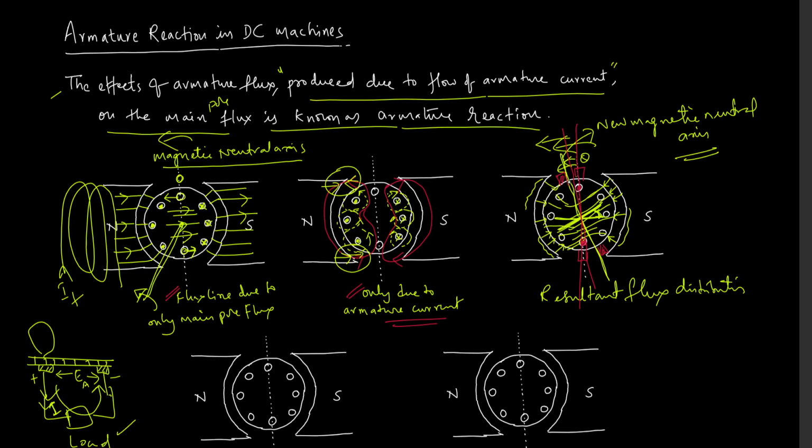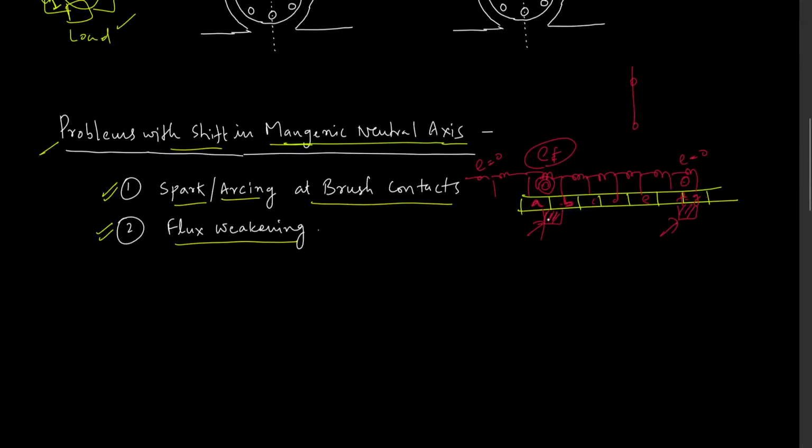This creates circulating currents in the short circuited coils, and this creates sparking or arcing at the brush contacts. As the rotor moves this side, there will be an arc produced on this side like this.